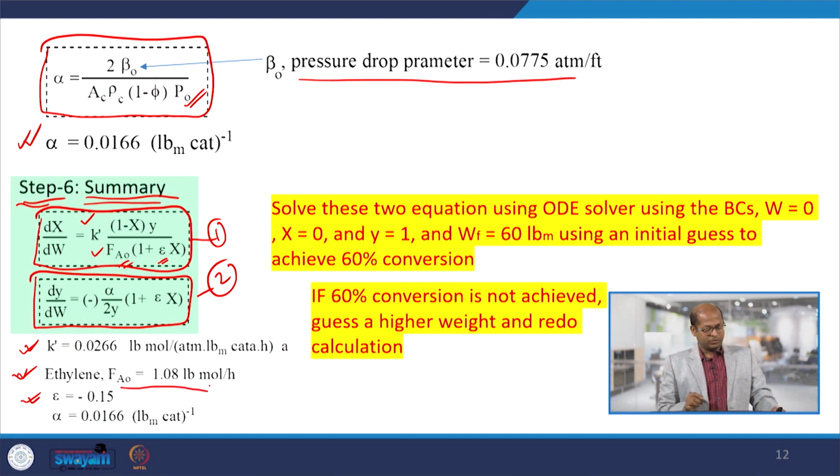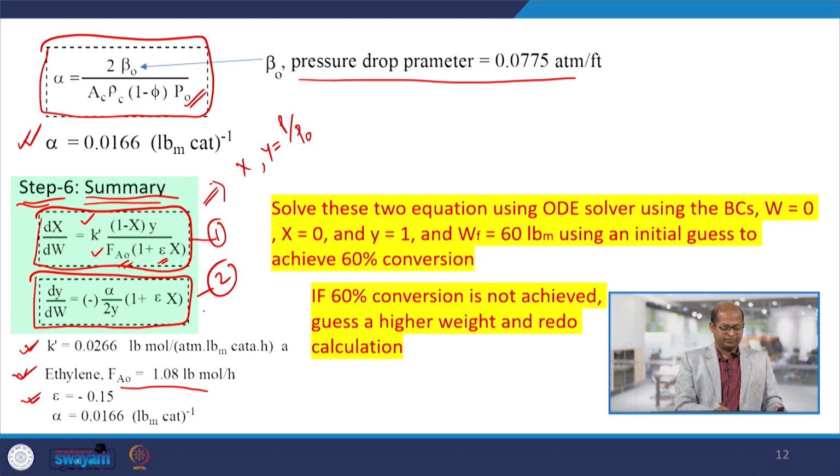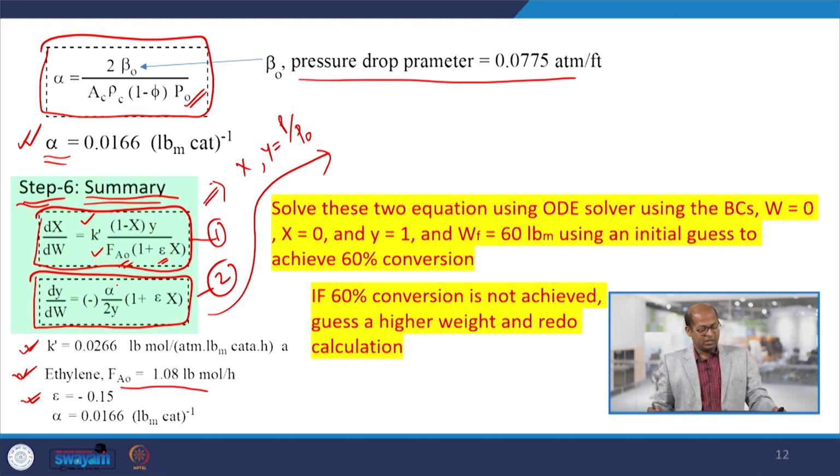Okay. So, these are the components in equation 1 that are known; the only unknowns are x and y, that is the pressure ratio, along with dx by dw. In the second equation also, similarly, the alpha value we have measured, and we can put it here, and the epsilon value is known.